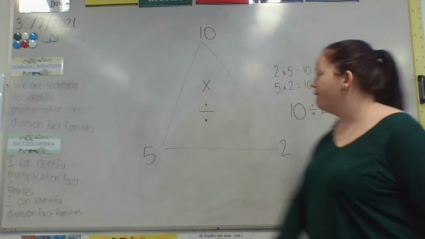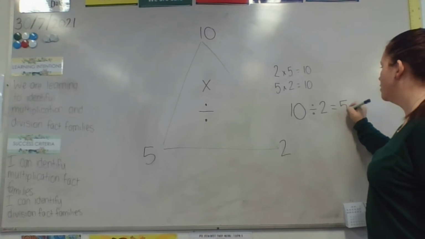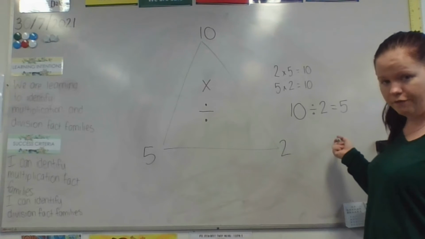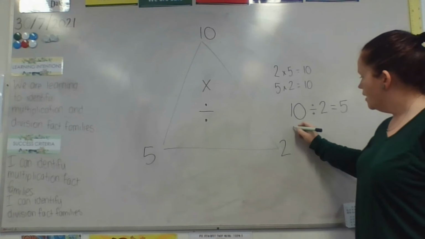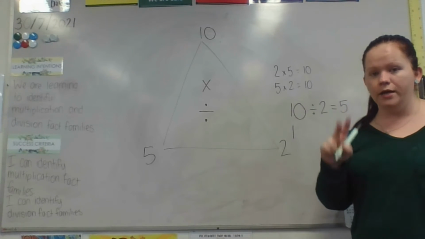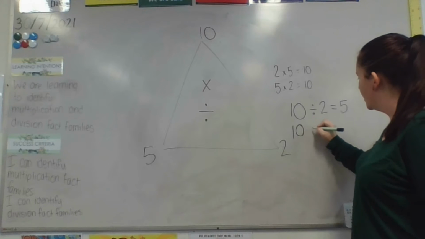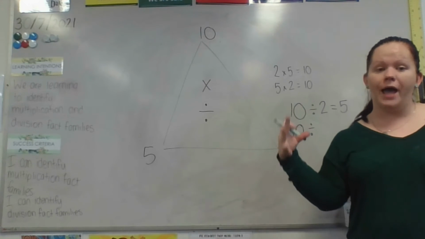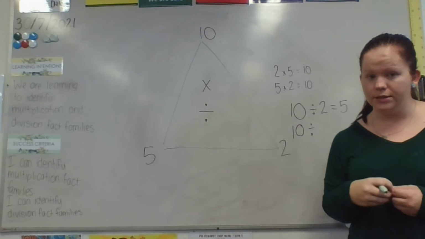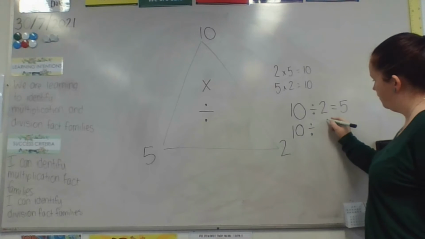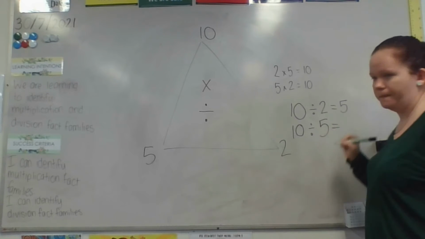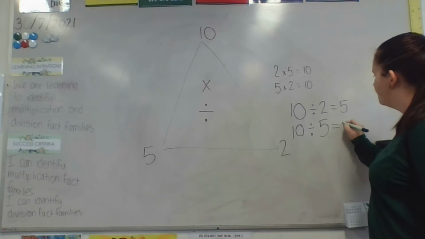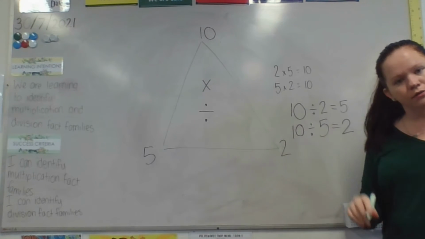That is going to be the number 5. So I know that 10 divided by 2 equals 5. I'm going to start with my second one, and I'm going to start with the highest number again, because remember, with division, we are going to divide the biggest number into the smallest numbers. So 10 divided by 5 equals, if you've already guessed and you've said the number 2, you are correct. But 10 divided by 5 equals 2.